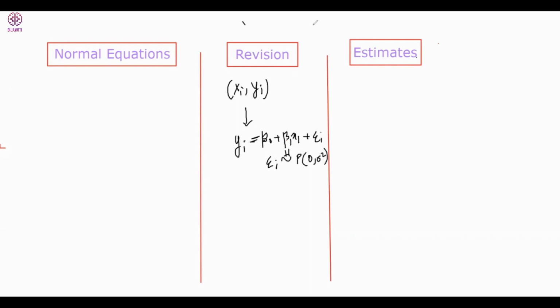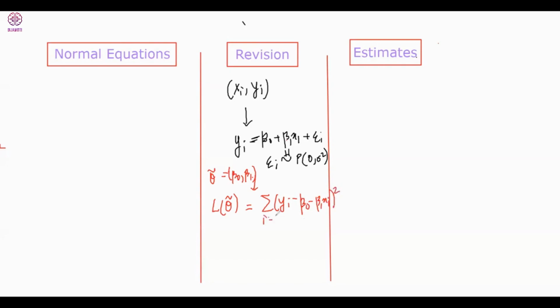Then we saw the corresponding loss function. We defined the loss function L of theta, where theta is the set of parameters beta naught and beta 1, as the summation of yi minus beta naught minus beta 1 xi whole square.